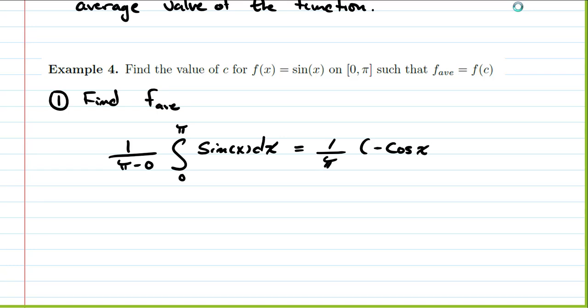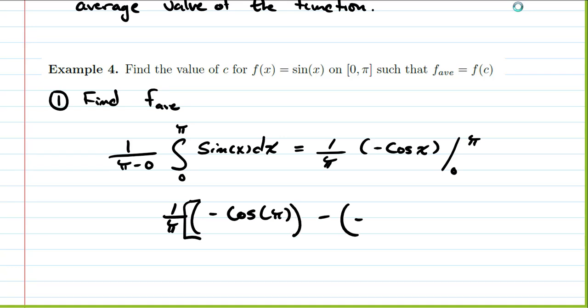Yeah, we get negative cosine, and then we evaluate that from 0 to pi. So we get 1 over pi times the negative cosine of pi minus the negative cosine evaluated at 0.